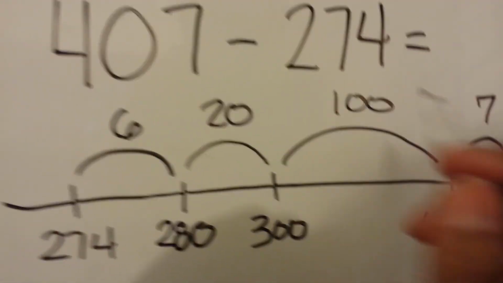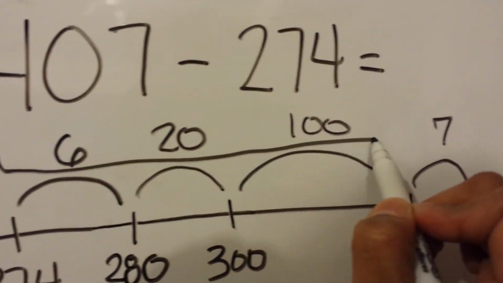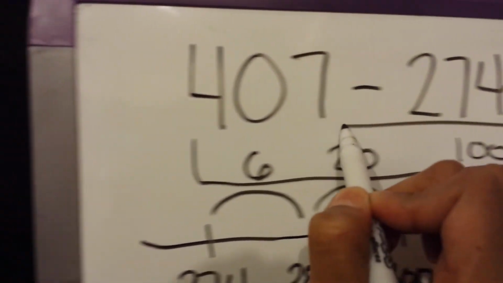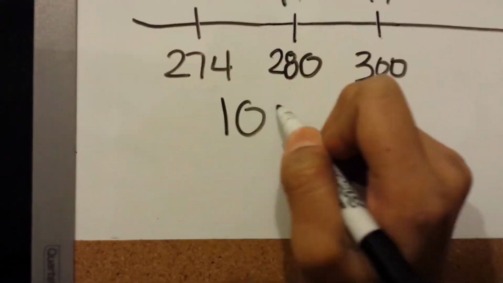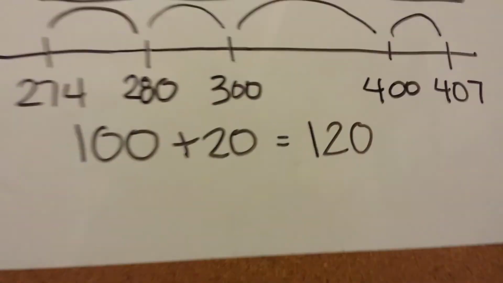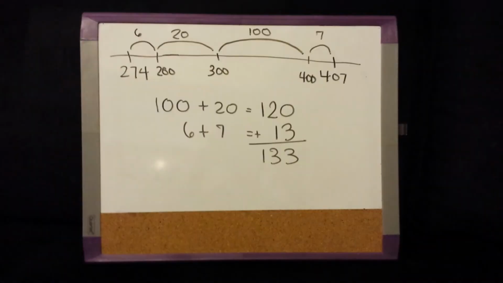You're going to add 6, 20, 100, and 7. I'm going to speed through it quickly, but it is pretty easy once it's broken down. I know 20 and 100 make 120, 6 and 7 make 13, and when you add 120 and 13, you will get 133, which is also our difference.